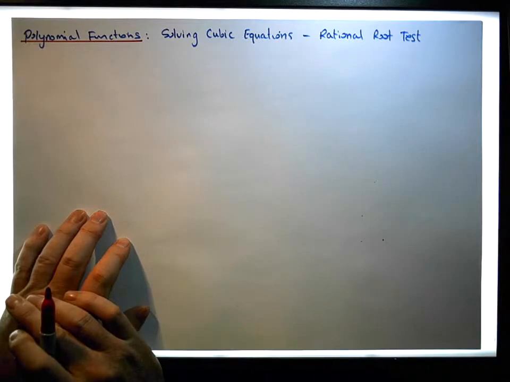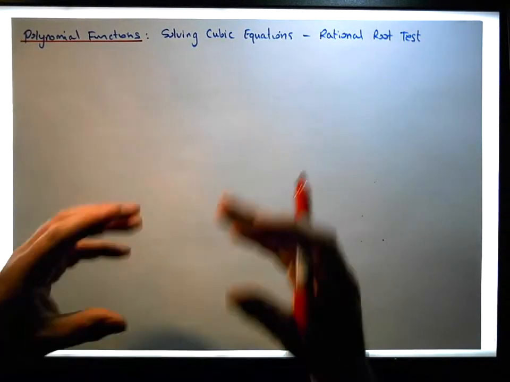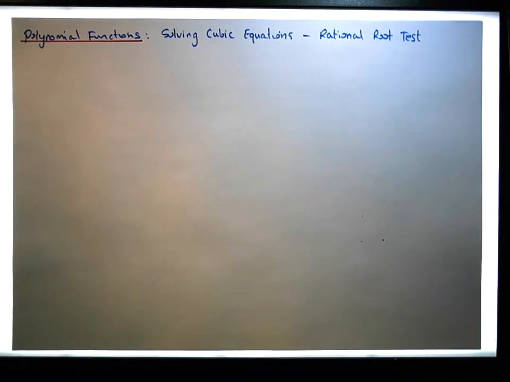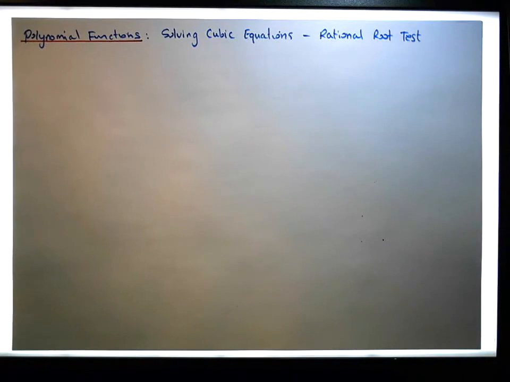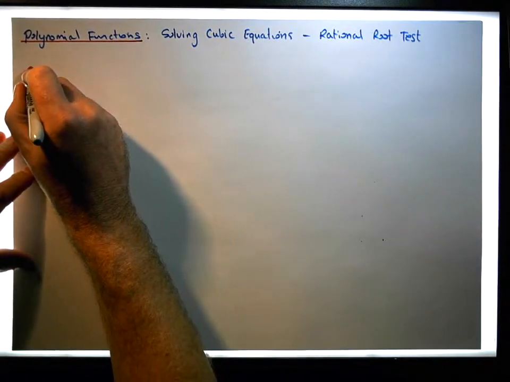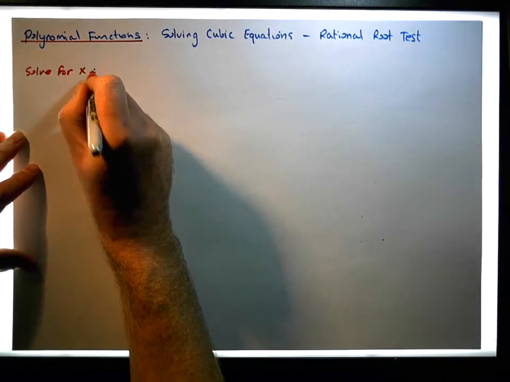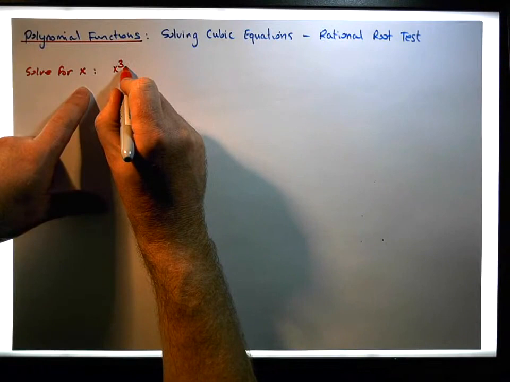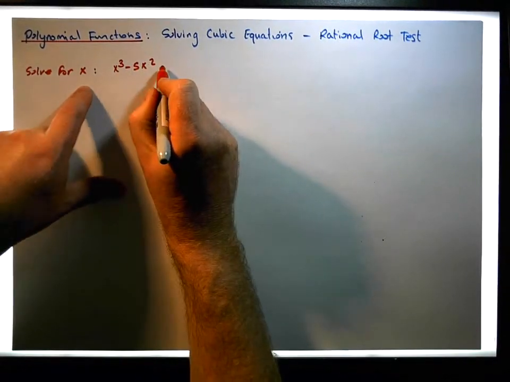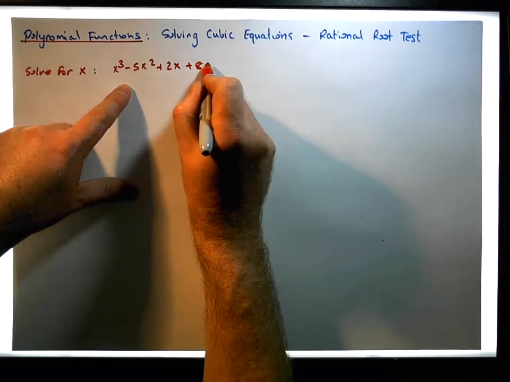What we're going to concentrate on is using the rational root test to help us solve for x a particular polynomial function or cubic equation. We want to solve for x the polynomial x cubed minus 5x squared plus 2x plus 8 equals 0.